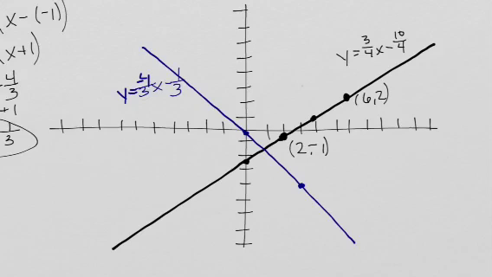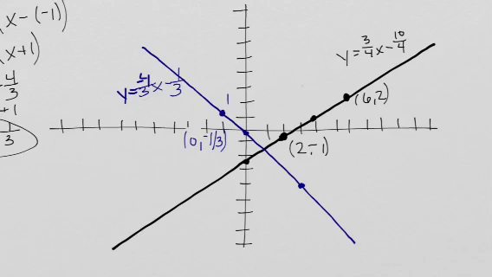Again, I need to label 2 points on the line. I know that my y-intercept is negative 1/3. And I know that the line passed through the point (-1, 1), because that's how I found the line.